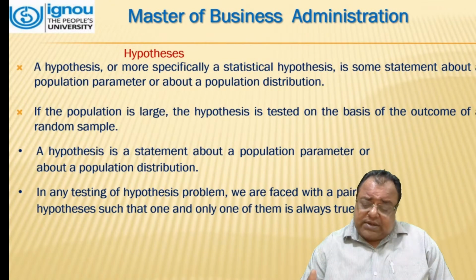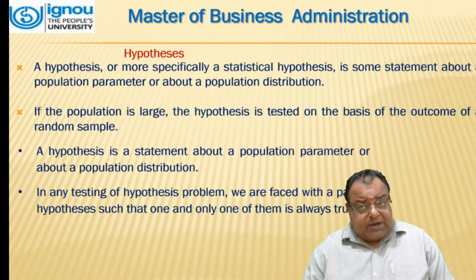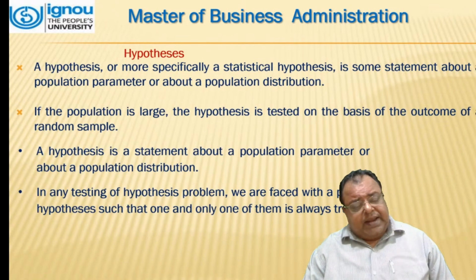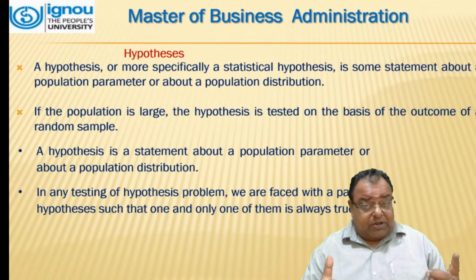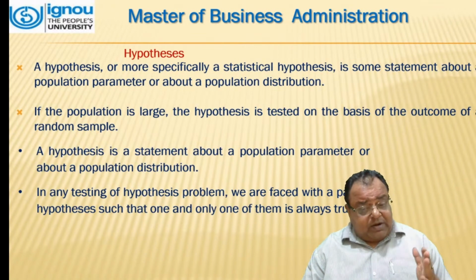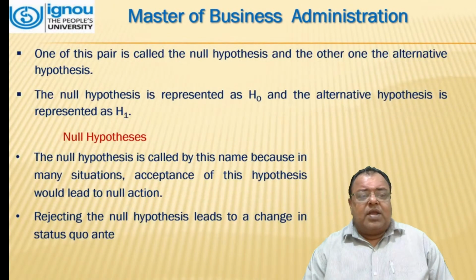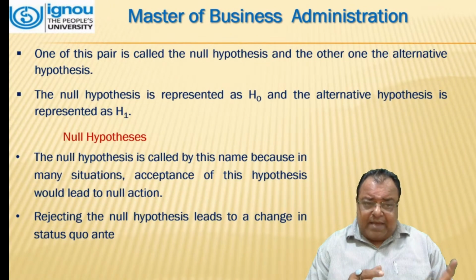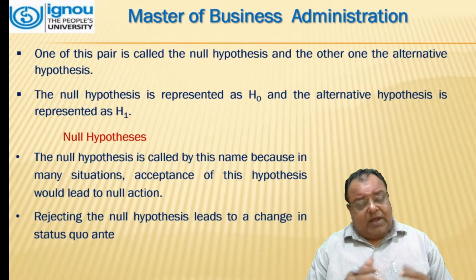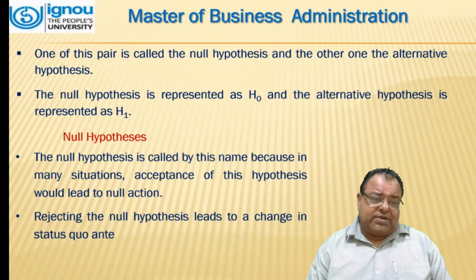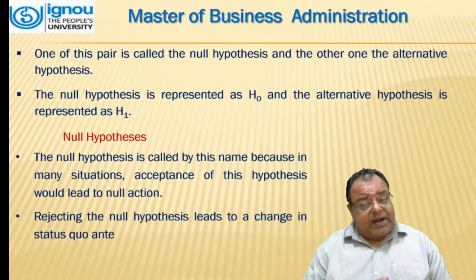In any testing of hypothesis problem, we are faced with a pair of hypotheses such that one and only one of them is always true. One of this pair is called the null hypothesis, and the other one is the alternative hypothesis. The null hypothesis is represented by H0, and the alternative hypothesis is represented by H1.